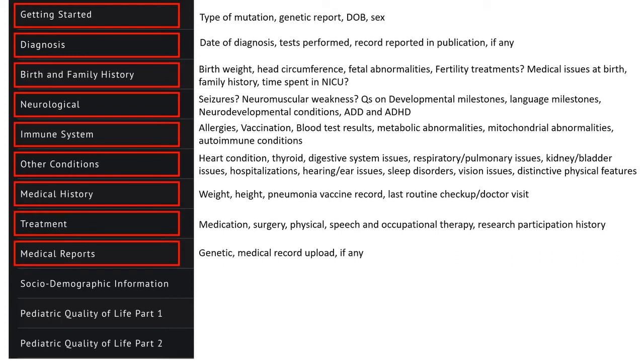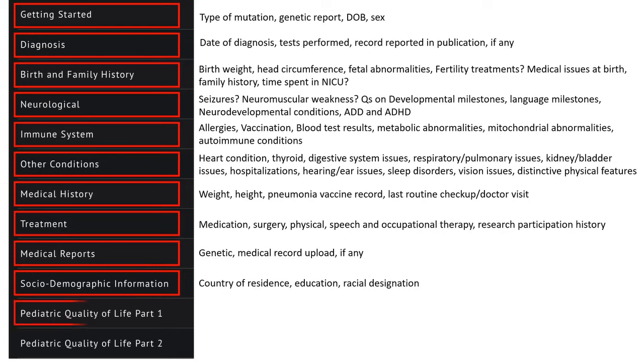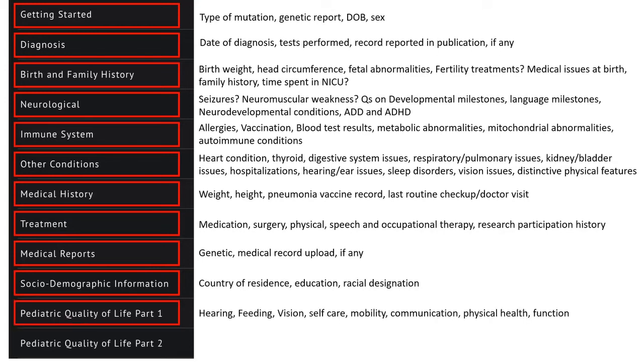Medical report covers genetic medical report, any other medical report. Patients can just upload their report directly. Sociodemographic information covers country of residence, education, racial designation, and the 2 quality of life surveys.